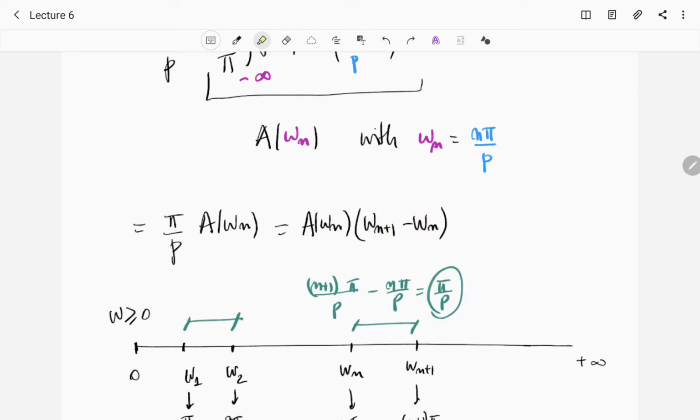So what we have here is the function capital A at omega_n times this distance.